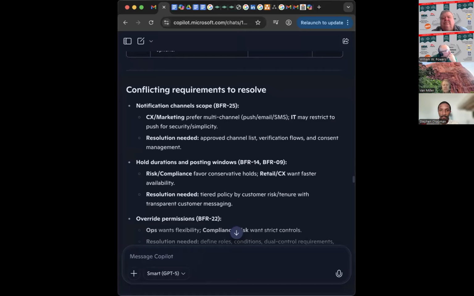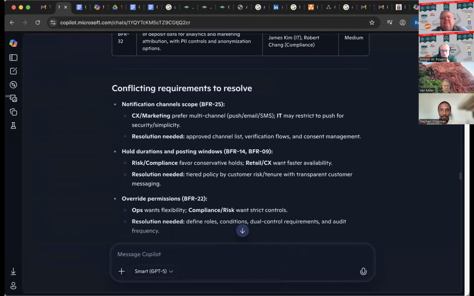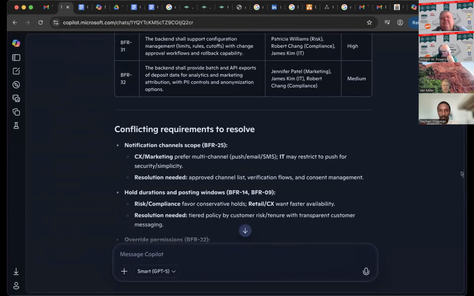Okay, can you see it? Just go up a little bit.